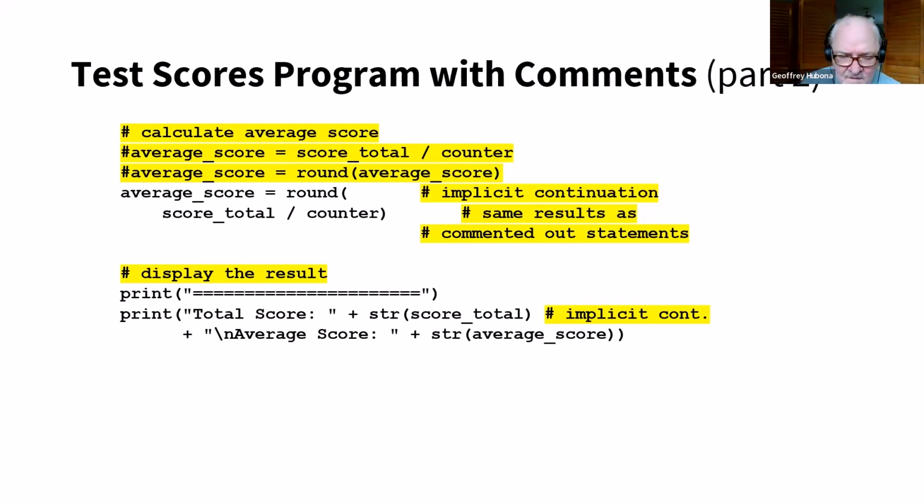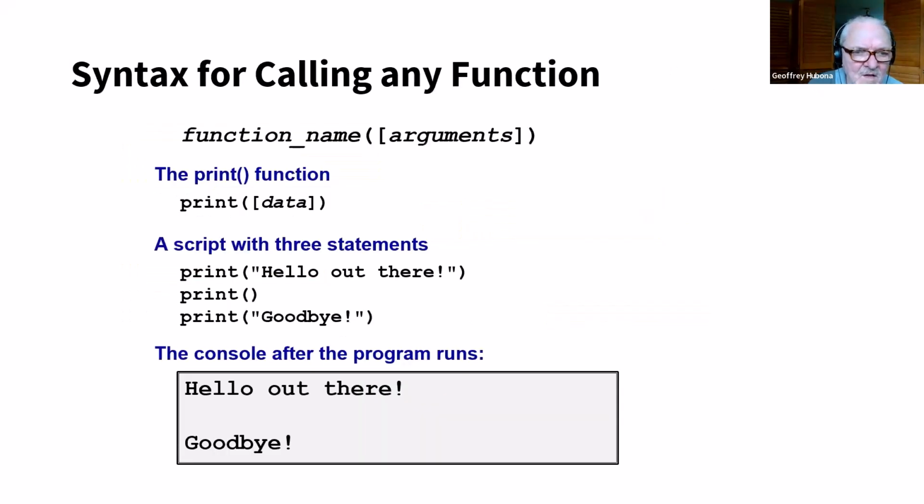Okay, so let's start talking about functions at a basic level. And the basic syntax for calling any function, whether it's a Python native function or a function that you have created and saved, is this. You have to call the function name and the function arguments, and some functions you can run without any arguments, like print.